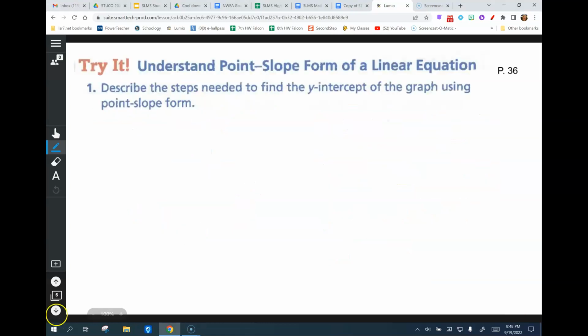So we want to understand point slope just a little bit better, and we want to practice with our y-intercept. So this says, and this is in your book, page 36, describe the steps needed to find the y-intercept of the graph using the point slope form. So let's start by writing point slope. y minus y sub 1 is equal to the slope times x minus x sub 1. And we're going to write it often so then we can remember it.